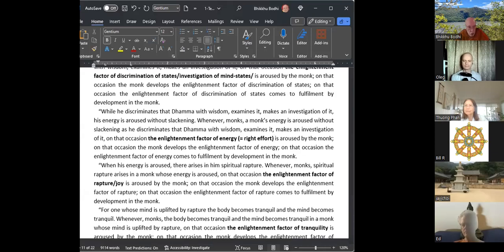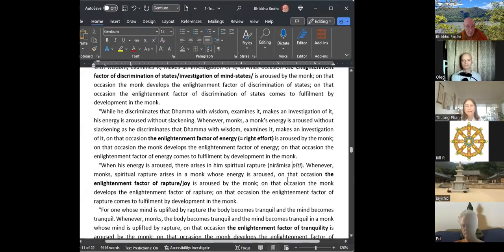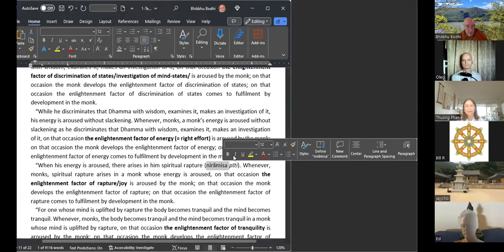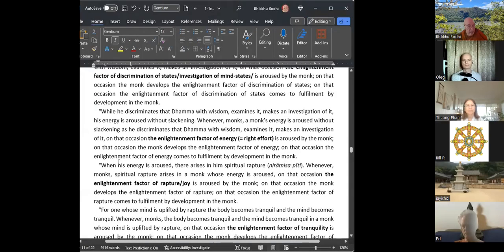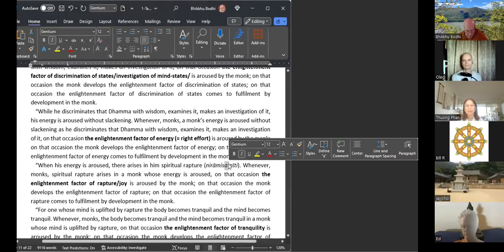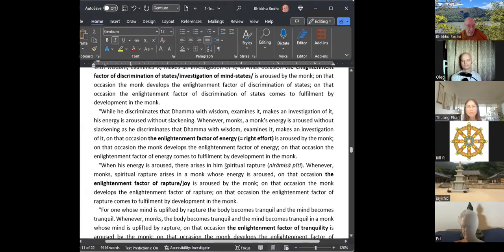Then that joy turns into this quality that in Pali we call piti. Here in the sutta, the text uses the expression niramisa piti, which I translate as spiritual rapture.